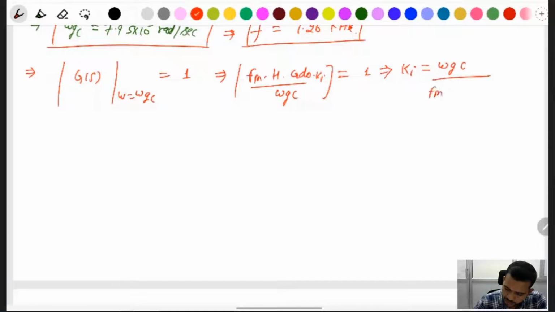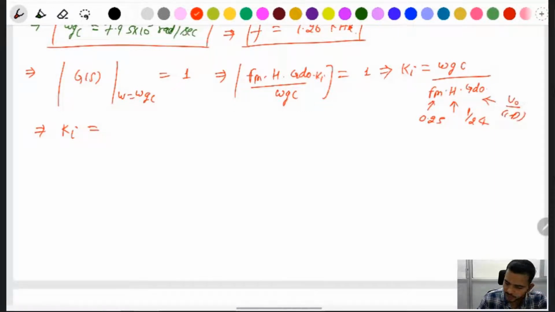Ki is equal to omega gc divided by Fm into H, which is Gdu. Gdu is given V naught divided by 1 minus D. Put Fm is given like 0.25, this one given 105.24.